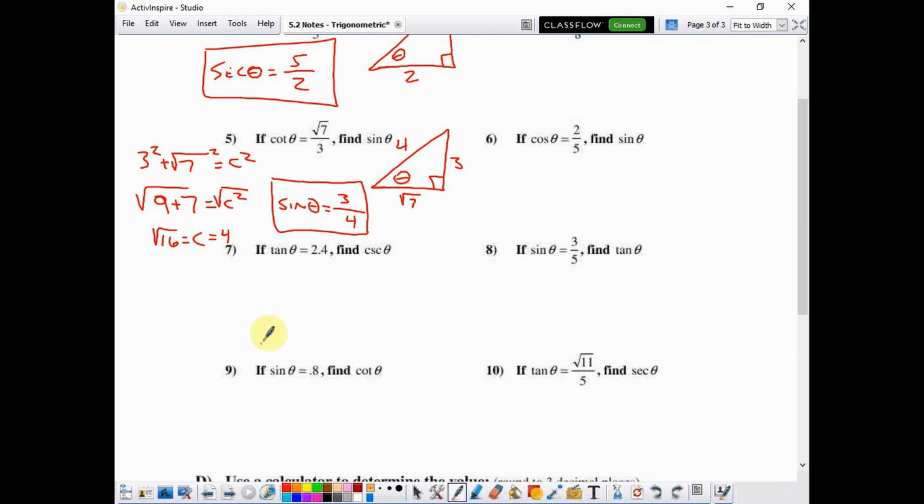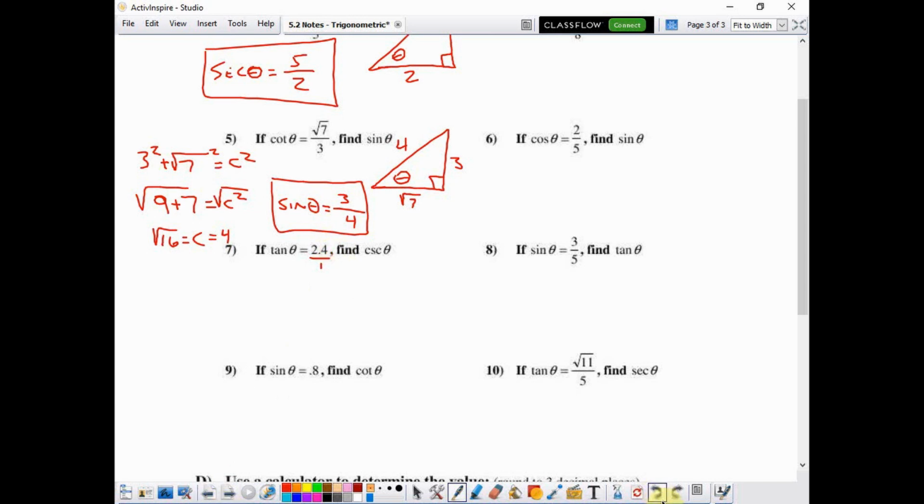If tan theta is 2.4, I'm going to make that 2.4 over 1. Now we're looking for a ratio. I can simplify this ratio and it still has that same value. In order to move that decimal one place, I'm going to have to multiply by 10.